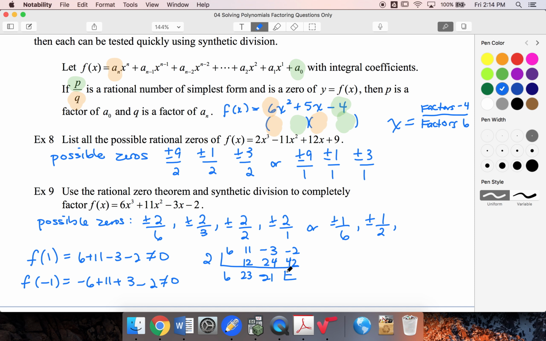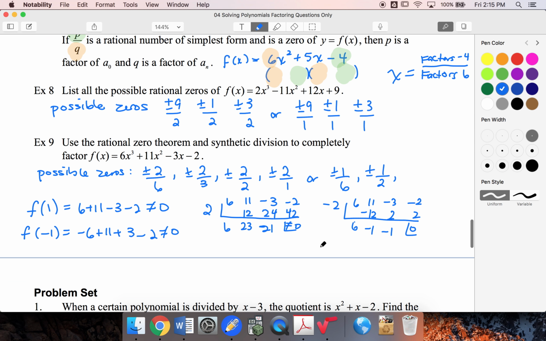That is definitely not equal to 0. I'll try my -2, 6, 11, -3, -2, -12, -1, that's going to be +2. I'll get -1 and a +2, and now I have a 0, so that's great.